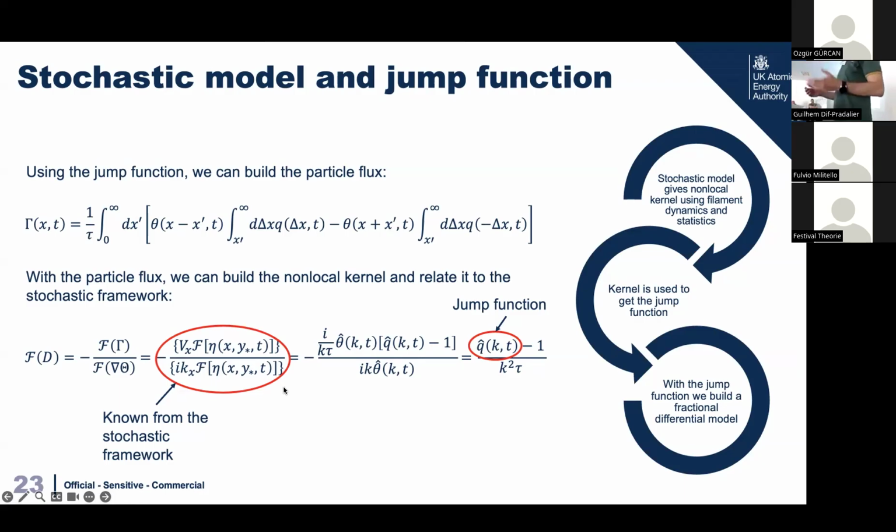So the logic here is, if I want to build my fractional differential equations, I need a jump function. In order to get a jump function, I can use my statistical framework, and fundamentally, I can calculate through the statistical framework the kernel of the non-local transport just by knowing the statistics and the dynamics of the filaments.